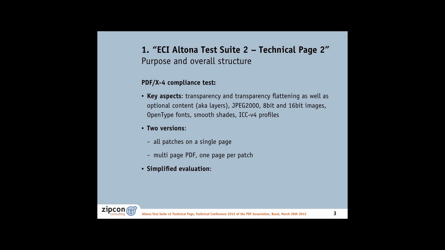In this case, we tried to do it in a simpler way by splitting each patch into sections, where one section holds the properties to be tested, so it's live content, and the other section contains an image representing the expected correct result. And of course, there's documentation coming with it, explaining a little more about the background and the things to look at and what is the purpose of each separate patch.